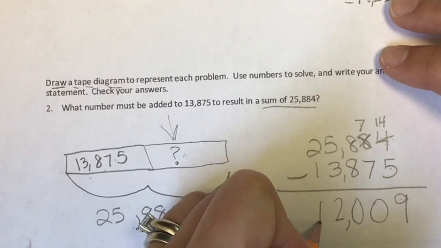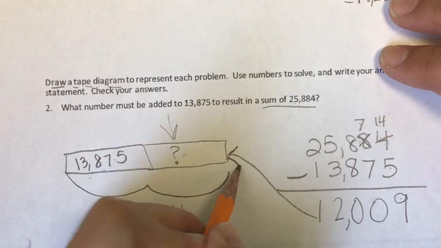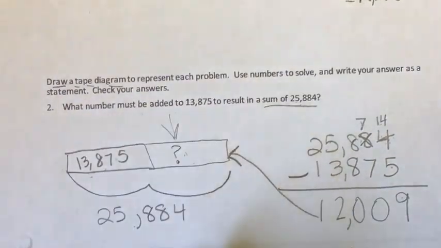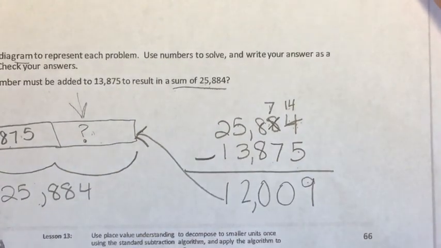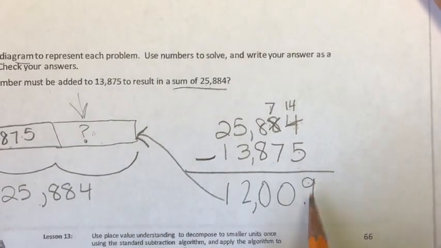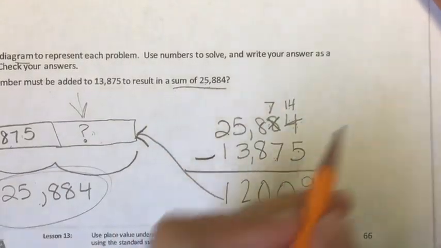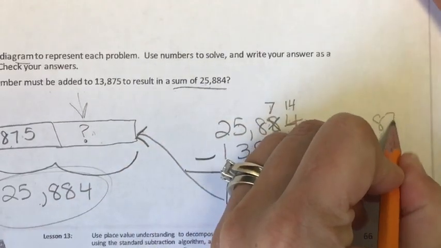And now I'm thinking, did I just figure out what my mystery number is? But I always want to double check, and in math I have that opportunity. So if I add this number plus this number, I should get my sum. So I like to put the larger numbers on the top.